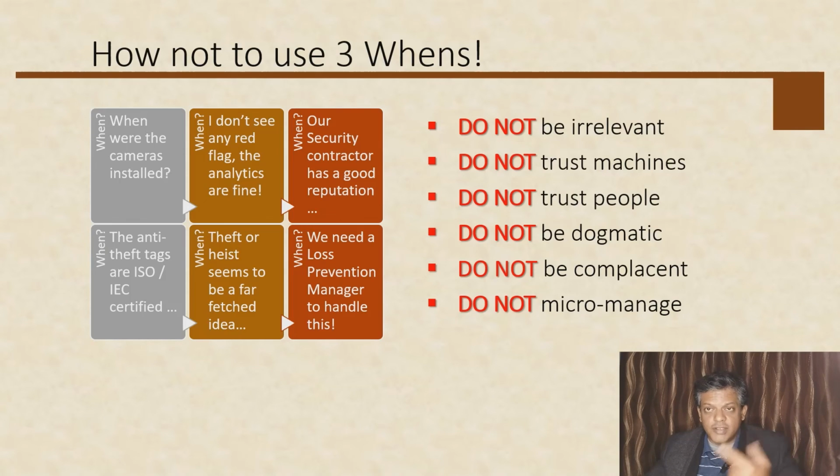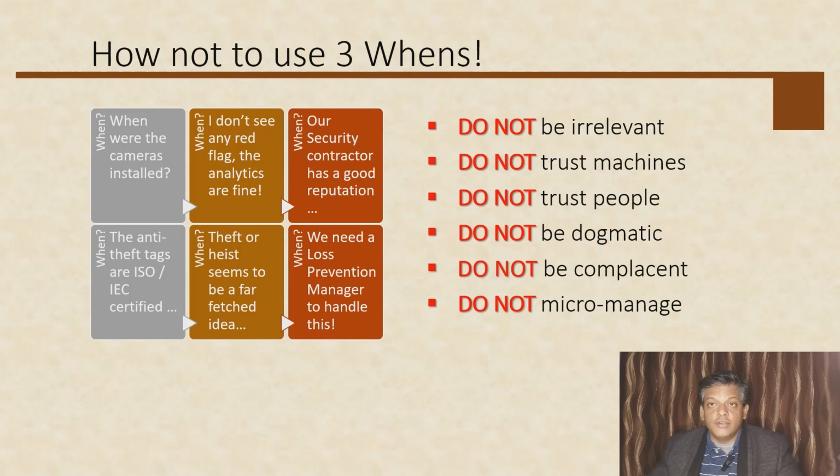Number 2, do not trust machines. That is, don't be over dependent on any system that you have. For example, you should not discourage anyone from carrying out a 3-win technique to find a pattern by saying, I don't see any red flag, the analytics are fine, because that's going to stop your progress in the first place.